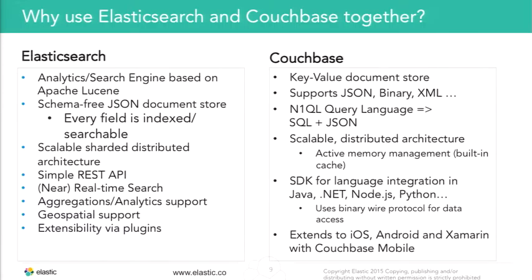We've seen lots of examples where customers have done this very effectively, where they have either instrumented their application to write to both Elasticsearch and Couchbase, or they're using the connector, which David will get into, to move the data from Couchbase to Elasticsearch periodically, so data gets indexed and available for search through Elasticsearch. So that's where the connector comes in, and the rest of the talk is going to get into the details of what the connector is, what the Couchbase team has built, and how exactly it works.